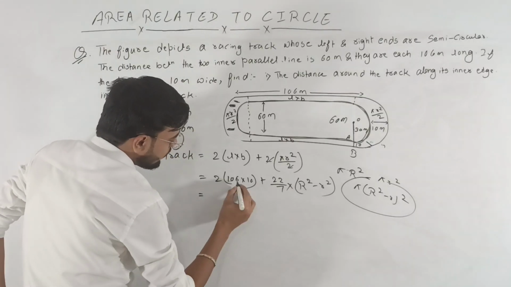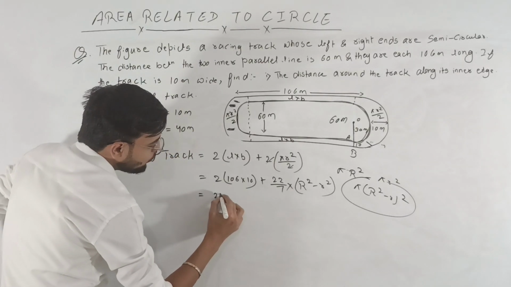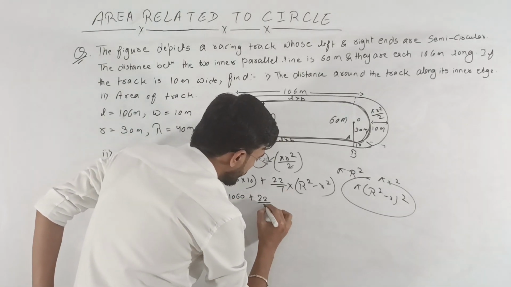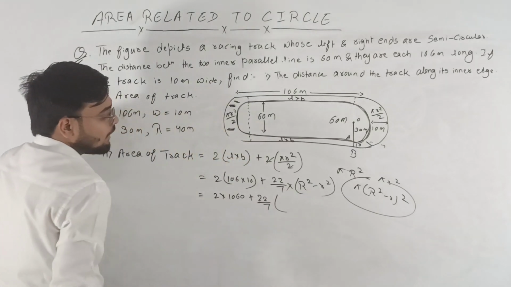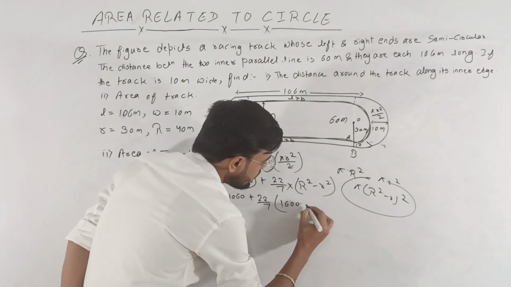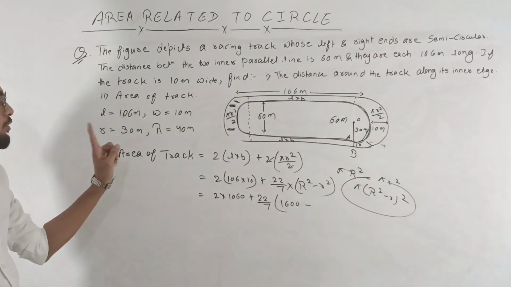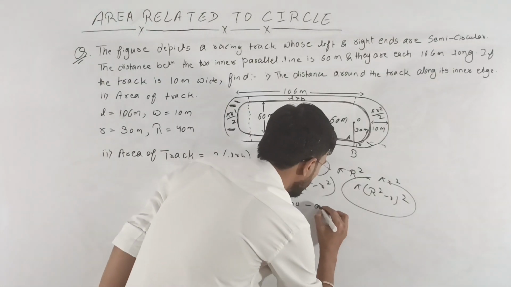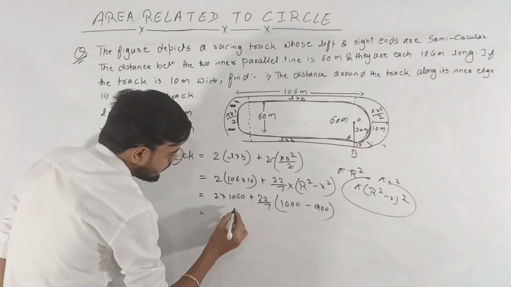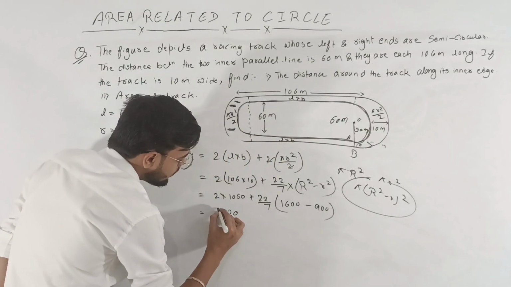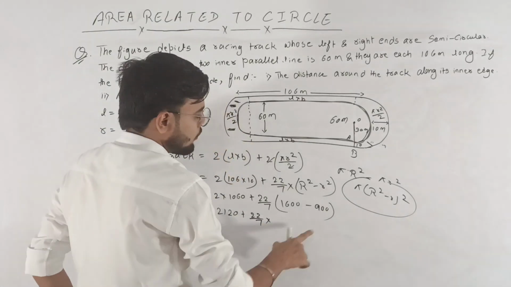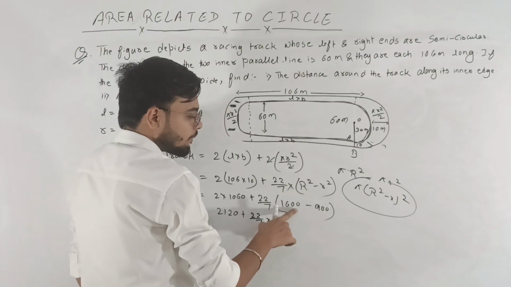This will become 2 into 1060 plus 22 upon 7. Now capital R is 40. So the square of 40 is 1600. Now small r is 30. So the square of 30 is 900. Now multiply this one. 0, 6 2s are 12, 2 and 2, so 2120, plus 22 upon 7 multiplied with, now subtract 1600 minus 900.